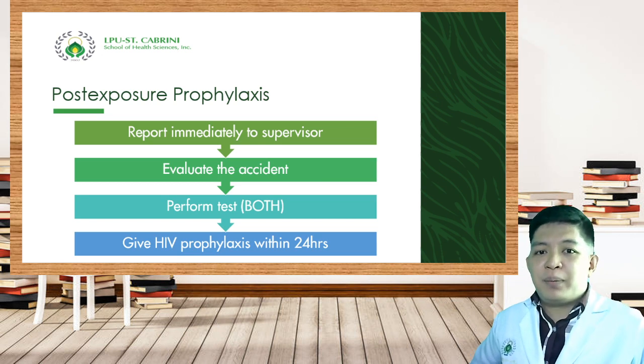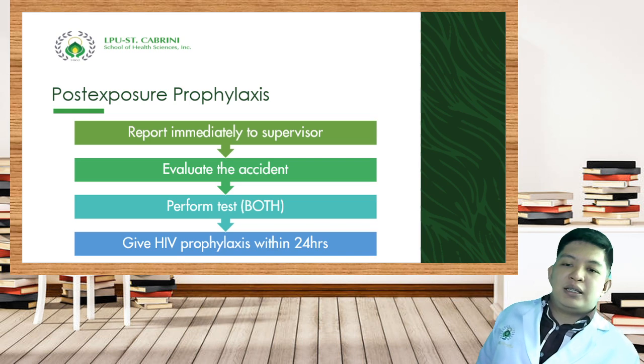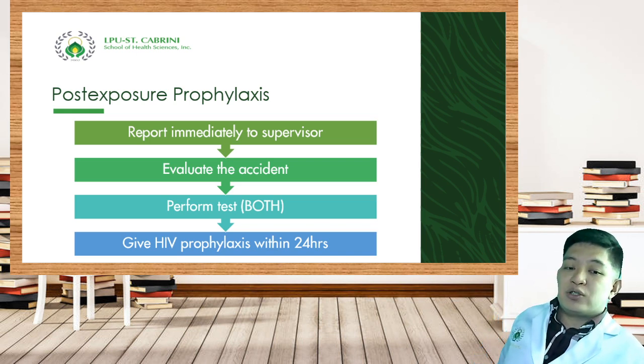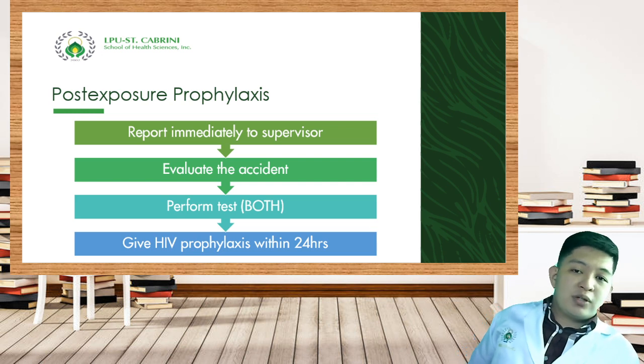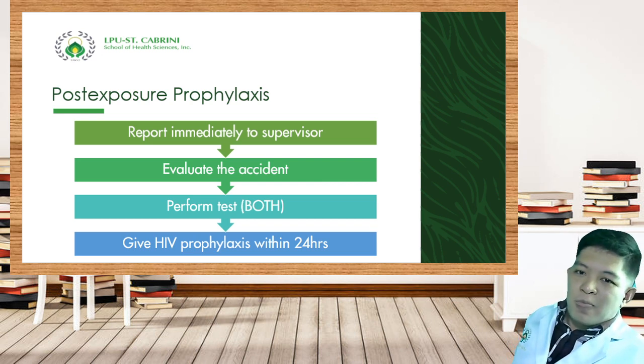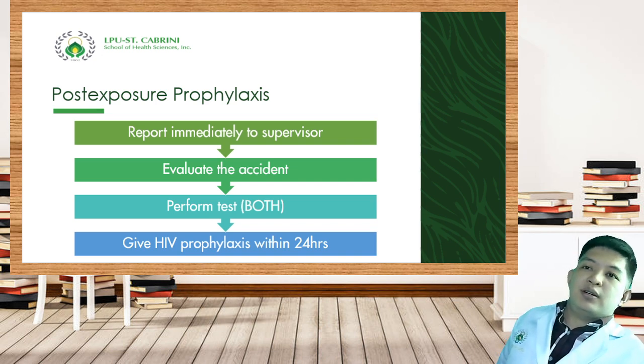Ano po yung gagawin kapag ikaw, halimbawa, unfortunately, na-expose or nagkaroon ng needle injury? Ang una mong gagawin, wag kang mataranta, wag kang iiyak, wag kang maghihisterya. The first thing that you need to do is to report it to your supervisor.